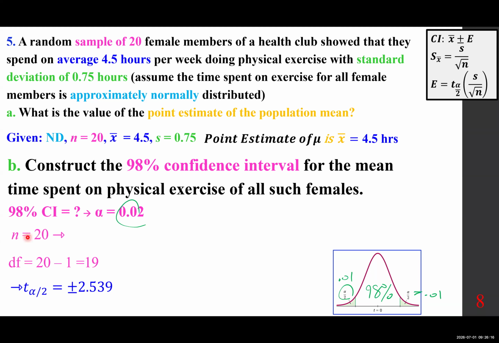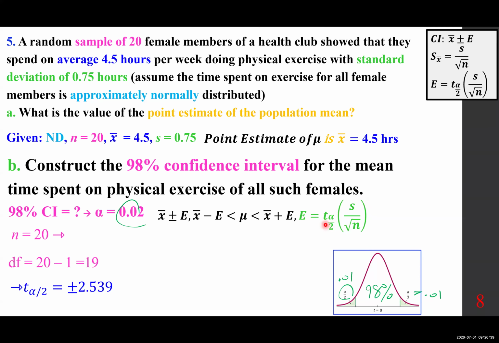Again, I've shown you how to look this up using the table. Also, we're going to discuss the technology in a moment. So we are going to write X bar plus minus E. That means X bar minus E, X bar plus E, mu is in between, and E is T alpha over 2 times S over square root of N. So we need to calculate this.